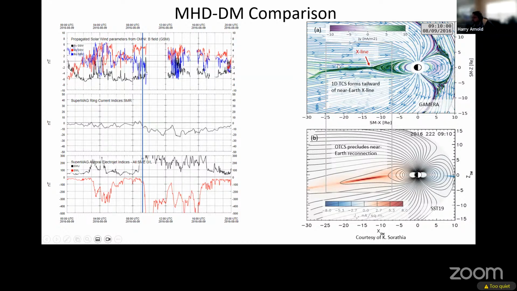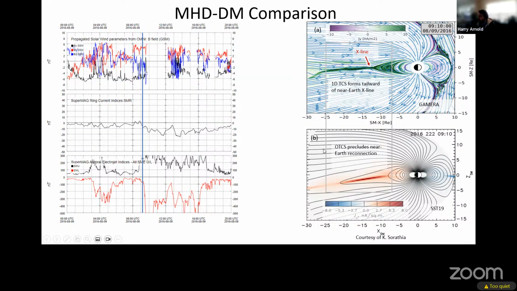Now, of course, if you have an X line in reconnection, this isn't going to be a quiet current sheet because you have Alfvénic outflows basically affecting things. But in the data mining reconstruction, you have your thin current sheet, and instead of getting reconnection anywhere, what you've really done is you've just stretched your field lines out so that it's less dipolar, and they're ready to sort of spring forward again as the substorm progresses.